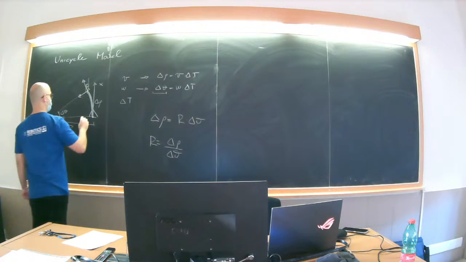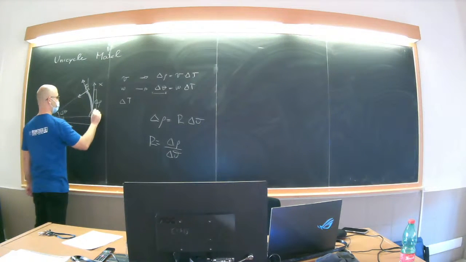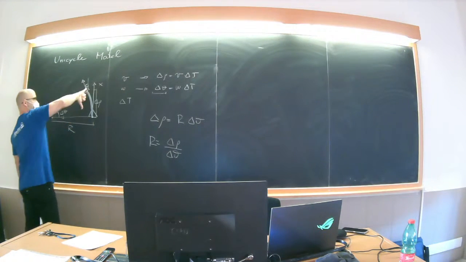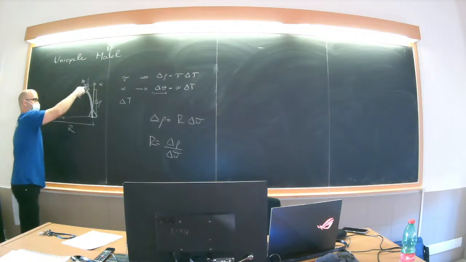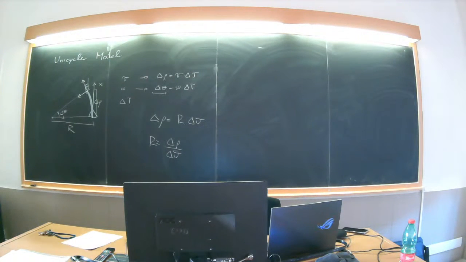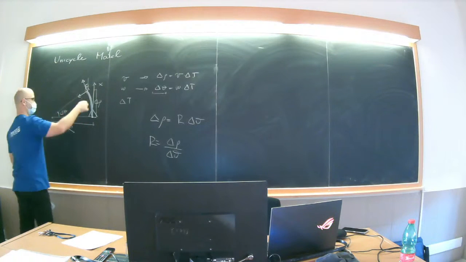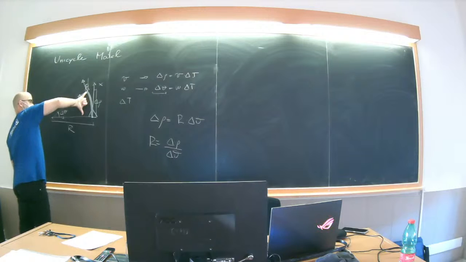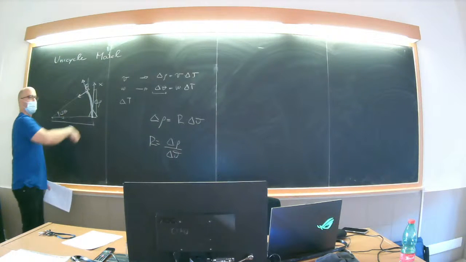How much is this displacement here, along the x-axis? What I'm asking is, how much is the displacement between here and here, basically the displacement of this point along the x-axis?